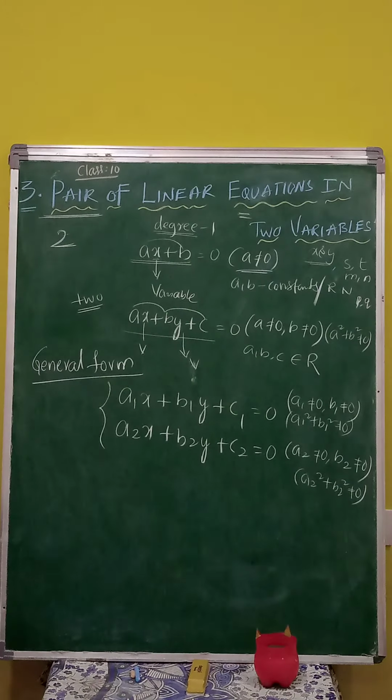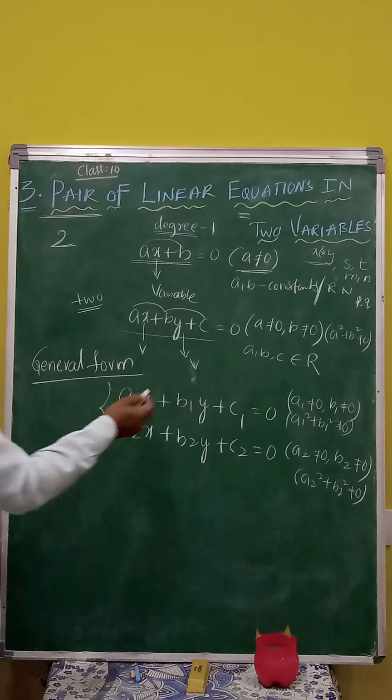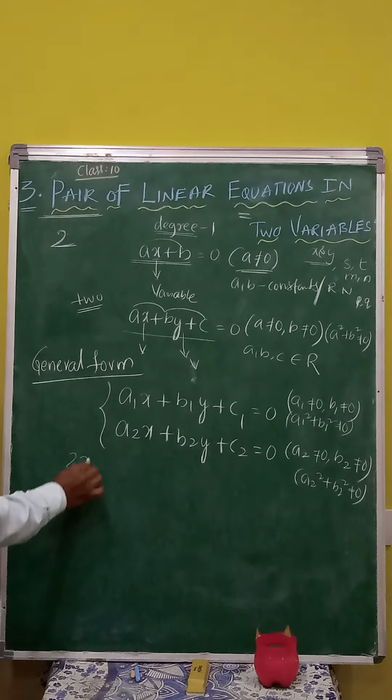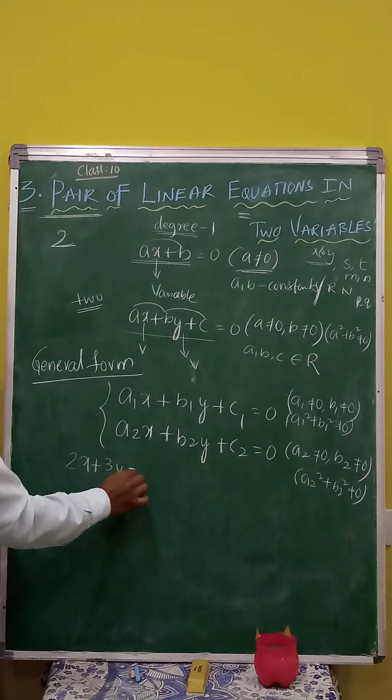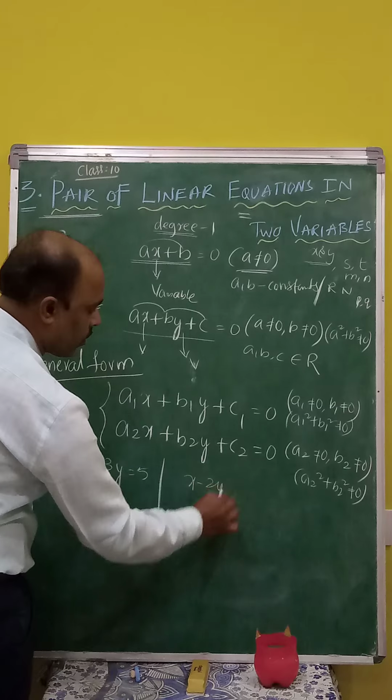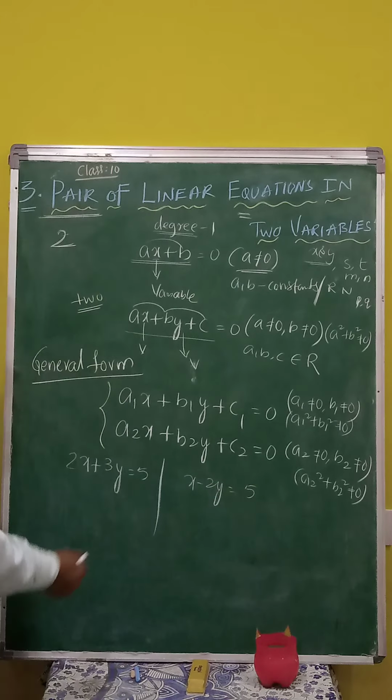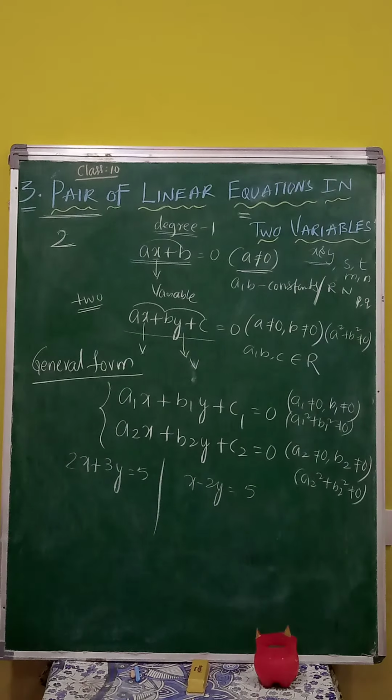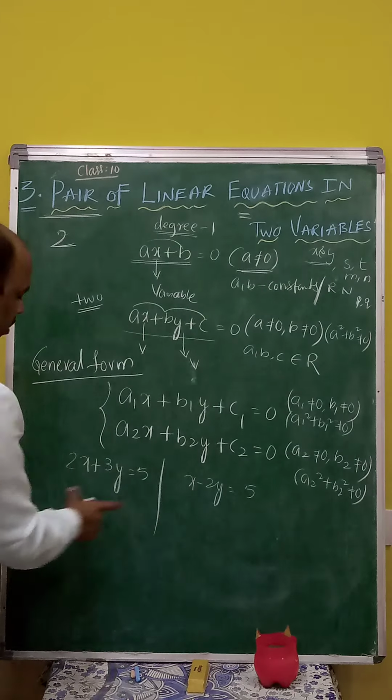Now for example, suppose I am writing a linear equation in two variables, 2x plus 3y is equal to 5, and one more, x minus 2y is equal to 5. Linear equations in two variables, that is a pair of linear equations in two variables.